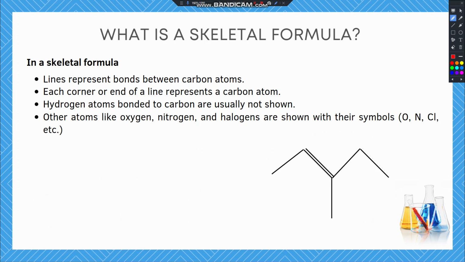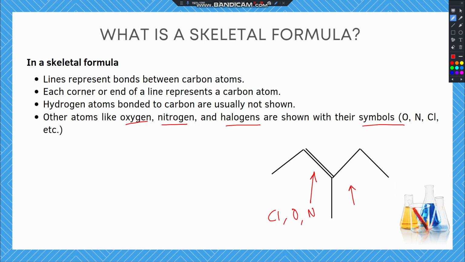Then finally, other atoms like oxygen, nitrogen, and halogens are usually shown with their symbols. So here is what we mean. Now you can see that there is no symbol that indicates the presence of a halogen like chlorine, or oxygen, or nitrogen. It simply means that this skeletal structure does not contain any of those.